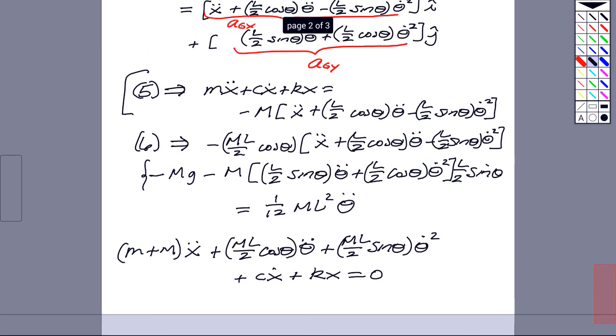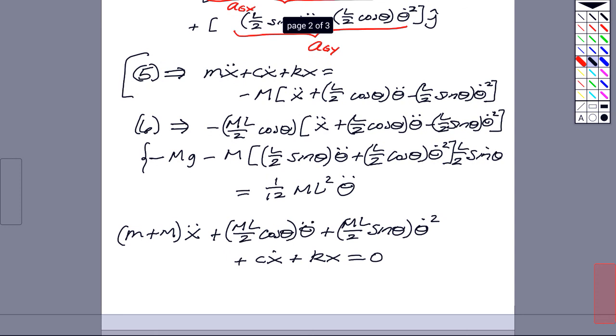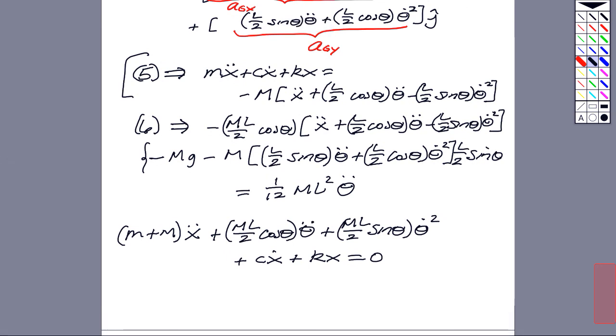Equation coming from equation 6, when I combine things together, what I'm going to get is, in front of x double dot, I'm going to get, make sure I do this right, m L over 2 cosine theta, x double dot.